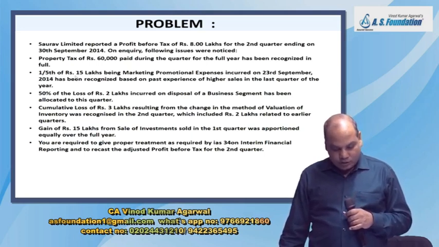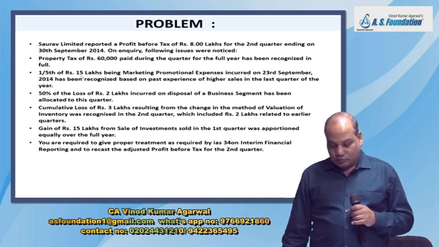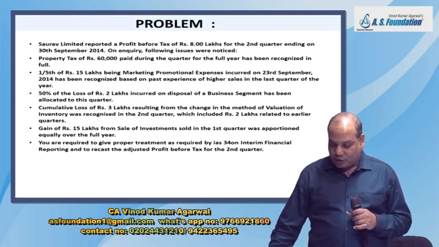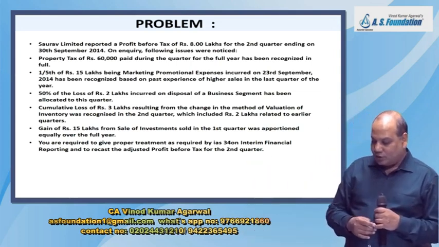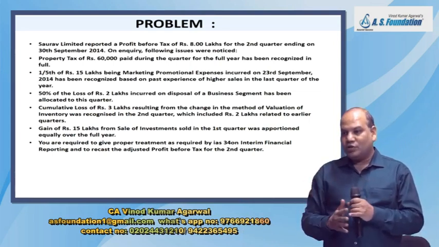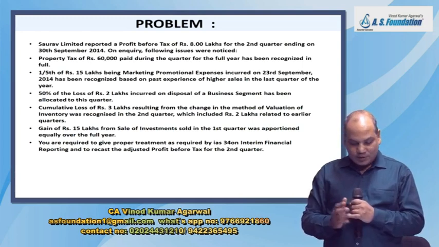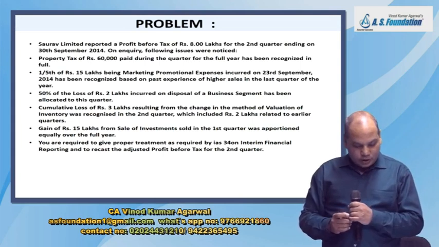How much you have recognized? 1/5 only. 1/5 means 3 lakh, which means you have shifted 12 lakh to the next quarter, because next quarter you think will have higher sale. So next quarter you should charge more sales promotion expense. Is the company right? Tell me why it is not right.